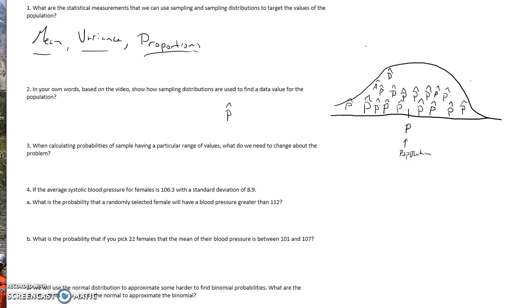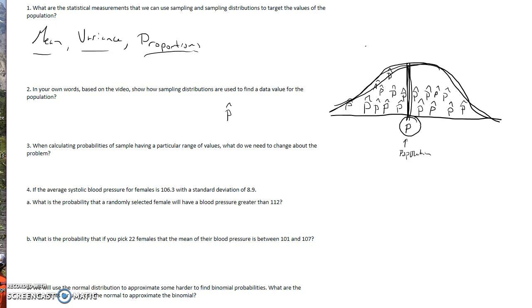And here's the deal. If I keep sampling enough times, you're going to build a normal distribution. And then if I find the average of all of those sample means, you will get a value that targets the true proportion of people who are left-handed.